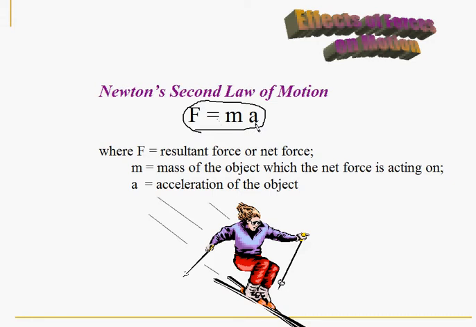Okay, this is a very important formula that all of you need to know. F equals ma. F stands for the resultant force or the net force. The SI unit for force is Newton. m stands for the mass of the object, and it is in kilogram. a, as the letter implies, means the acceleration of the object, and the SI unit for acceleration is meter per second square.